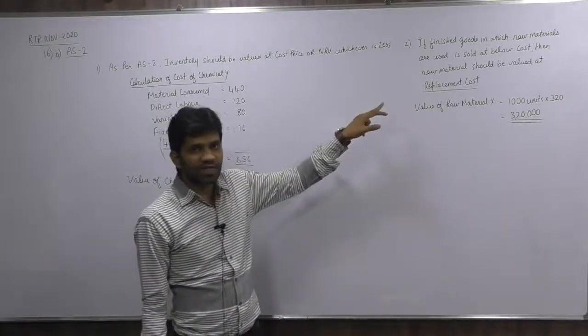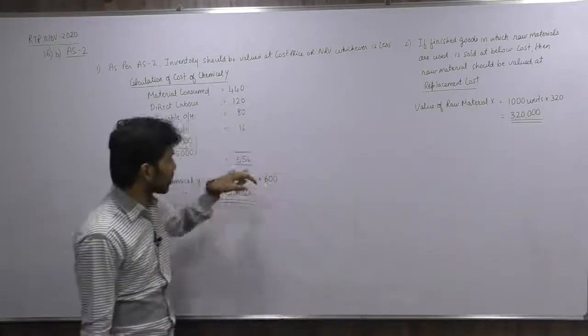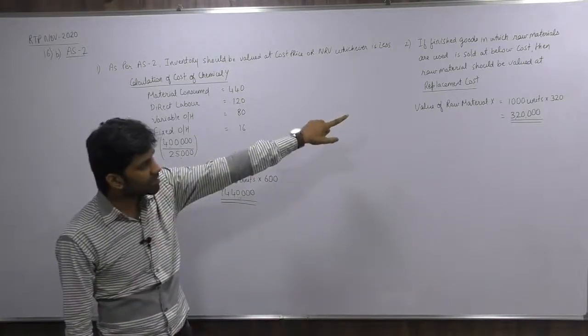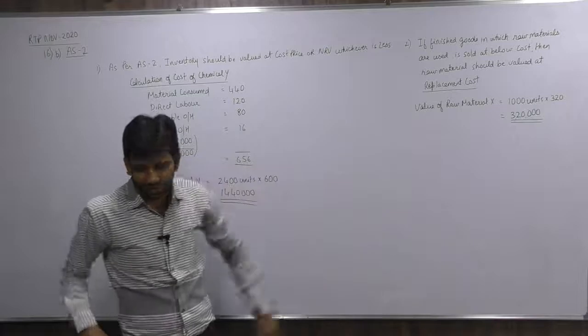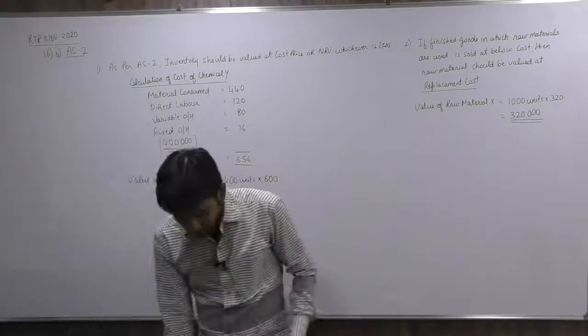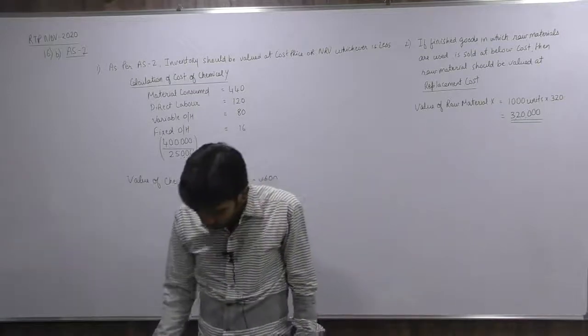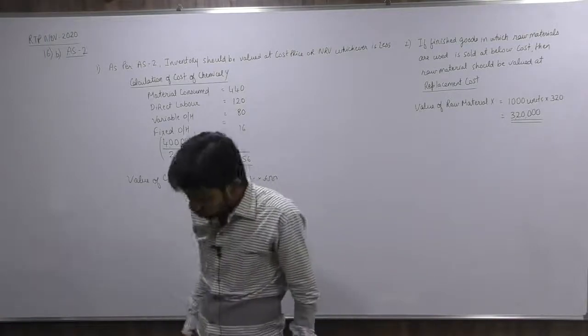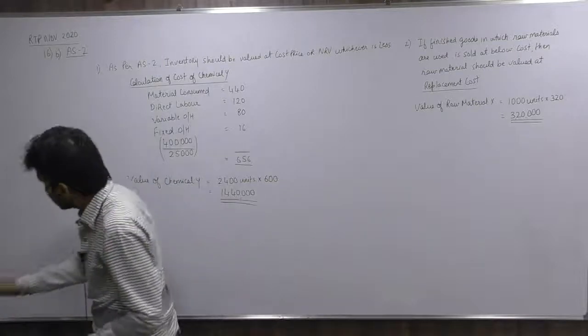The finished goods I am selling were being sold below cost, the cost price was 656 and the NRV was 600. Then the raw material should be valued at replacement cost, and accordingly we have calculated. So we have completed AS 2 from the November 2020 RTP. Now let's move ahead to the next question, that is question number 17. One second, let me clear this.